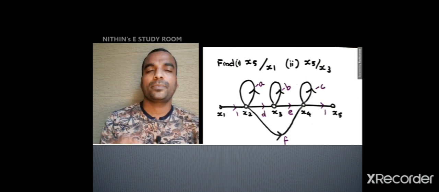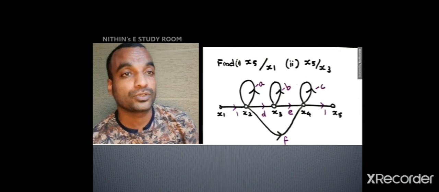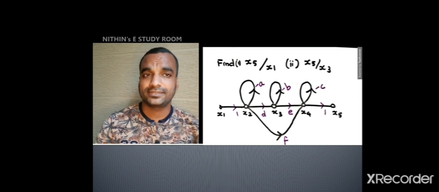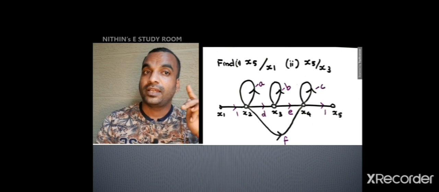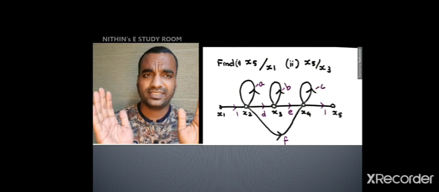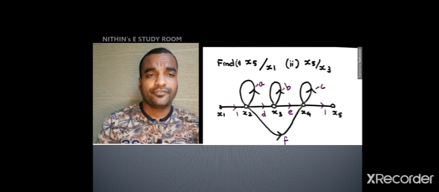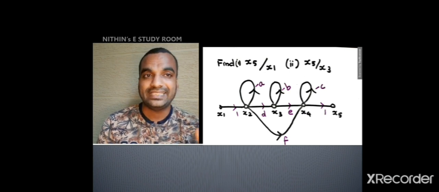But there is only one such combination, because if there were one more loop, you would get more combinations like L1, L2, L4, L2, L3, L4, L1, L3, L4. But for now we have only three non-touching loops. So the gain product of three non-touching loops is minus a into minus b into minus c, that will become minus abc.